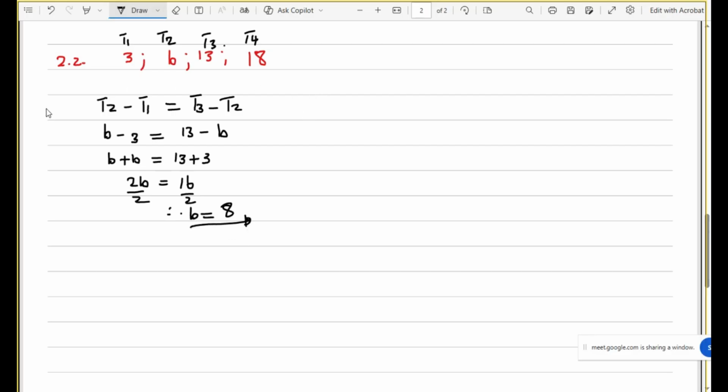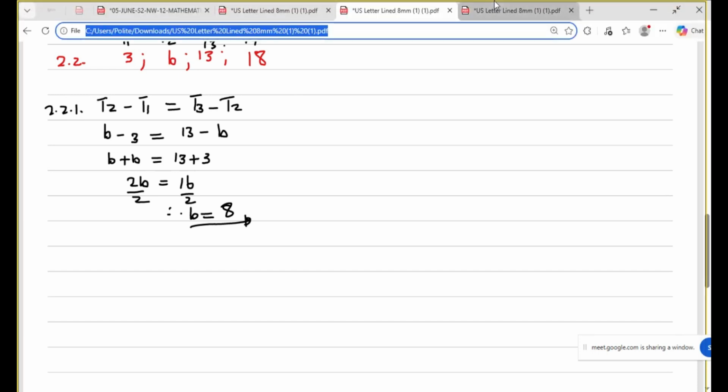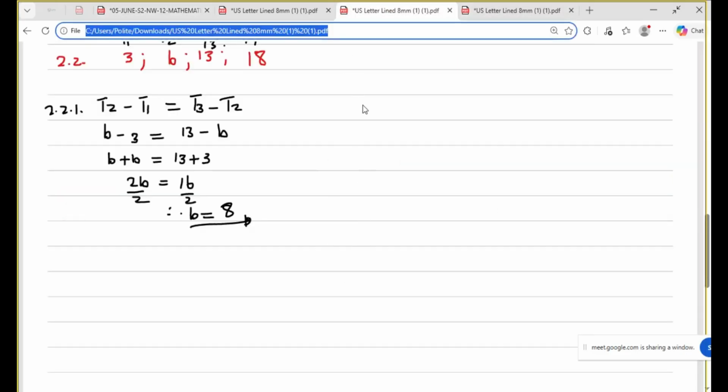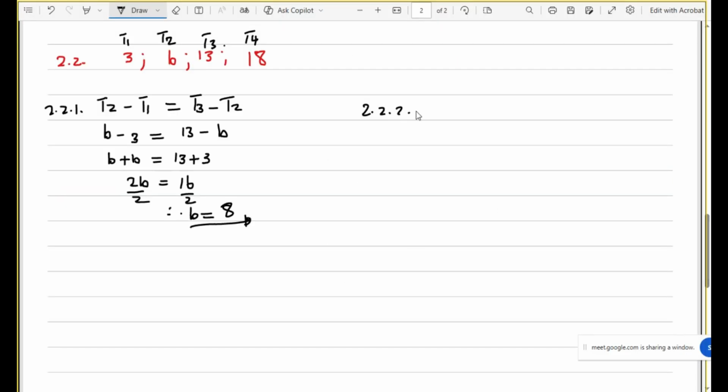Then let's go, this was 2.2.1. Let's go and answer the next one. Determine the nth term of the sequence. The nth term, they are looking for Tn. Tn is equal to a plus n minus 1 times d. Therefore, Tn is equal to a, which is the first term of the sequence, that's 3, plus n minus 1 and d.